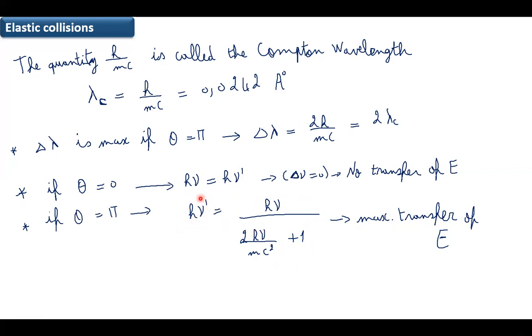We always have h nu prime different from zero. But when theta is equal to pi, and we have a maximum transfer of energy, this would be our least h nu prime, our smallest energy of the diffused photon.